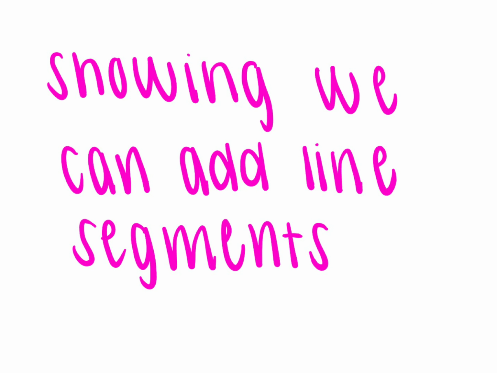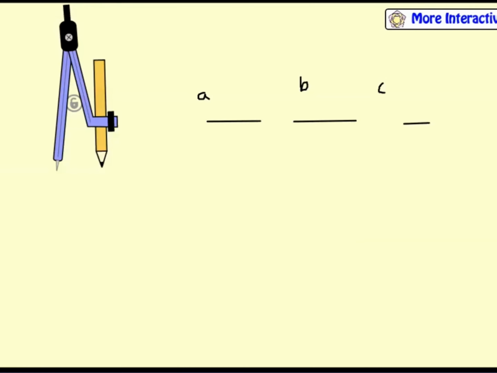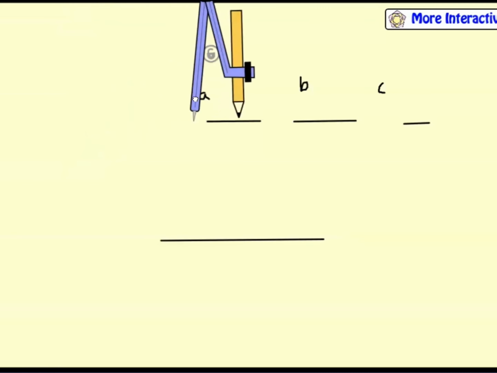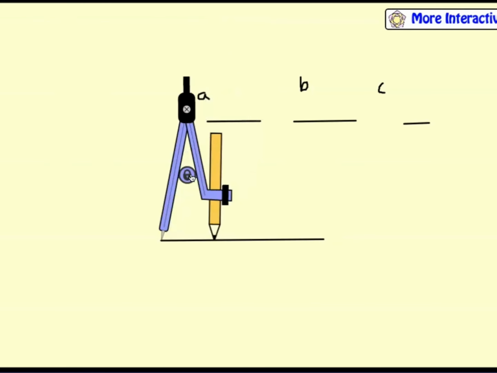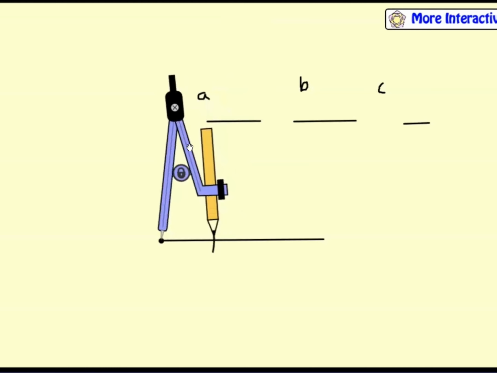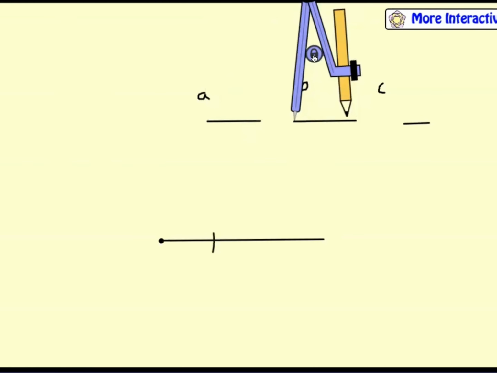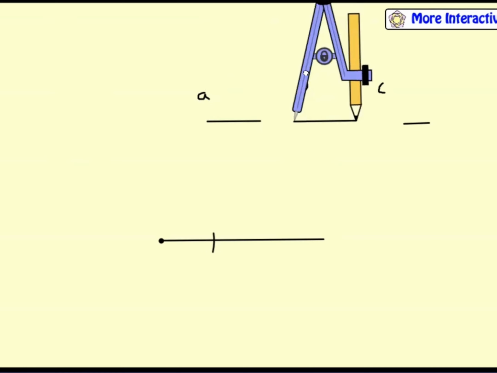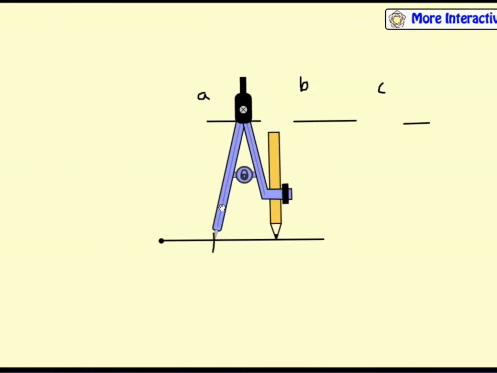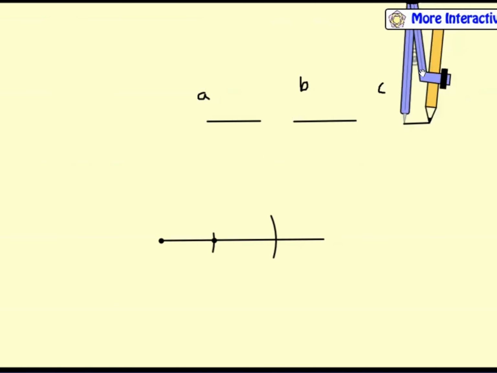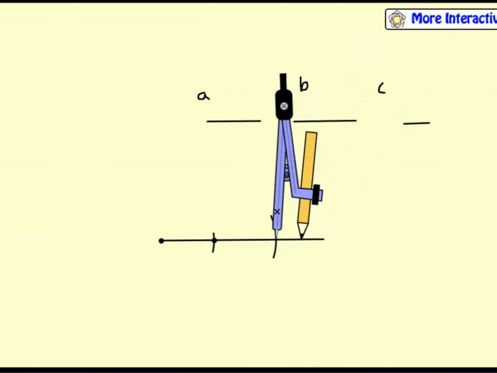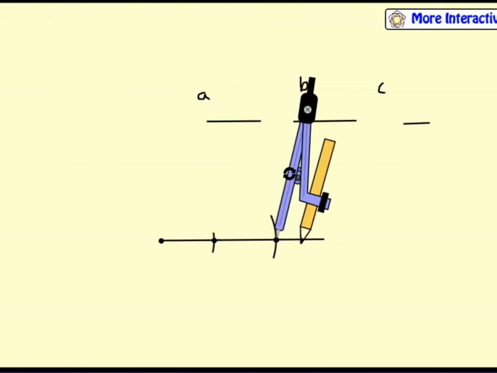Okay, so now we're going to be showing how we can add multiple line segments. So here, suppose we are trying to add up the different line segments A, B, and C. We start off by drawing a different line segment using the straight edge, then going in with the compass and measuring A, then going on to our new line segment and marking off that length A using the compass, then again going back and marking B, and then placing that compass on where we had marked off A, and therefore that line segment is of A plus B, and then going ahead and doing the same thing with line segment C, and then again marking that off.